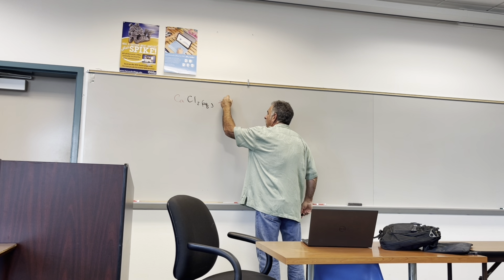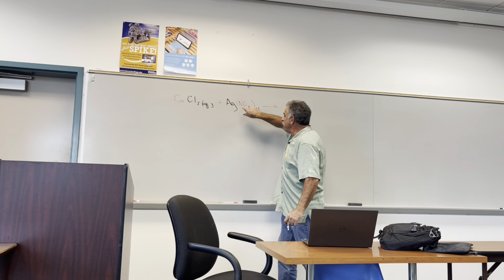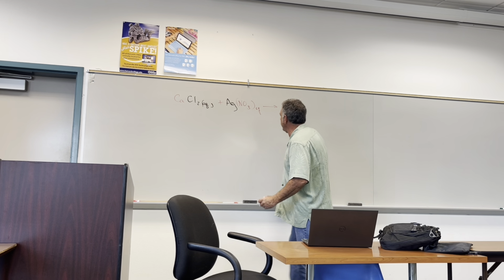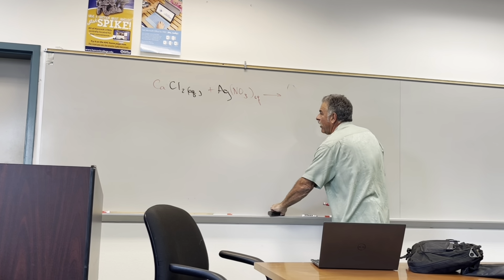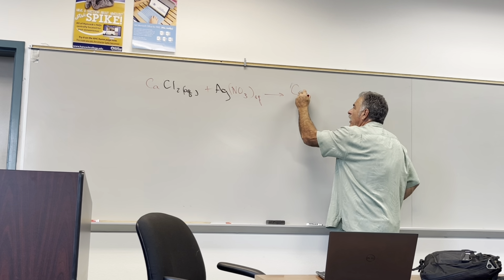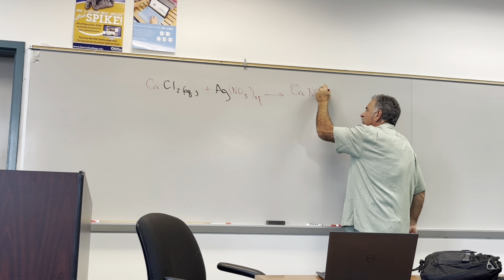All right, we're supposed to form a reaction here. And what we're going to do is put the opposite cation and anion together. So we're going to put calcium nitrate. Right? Calcium's a 2+, nitrate's a 1-, so we need 2 of them.